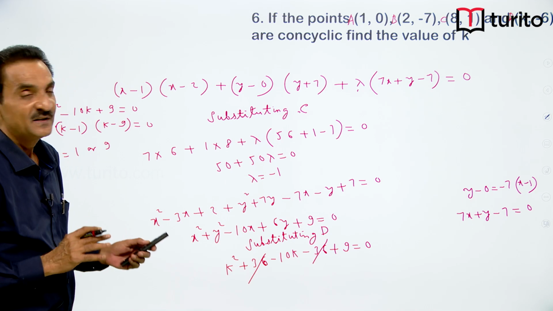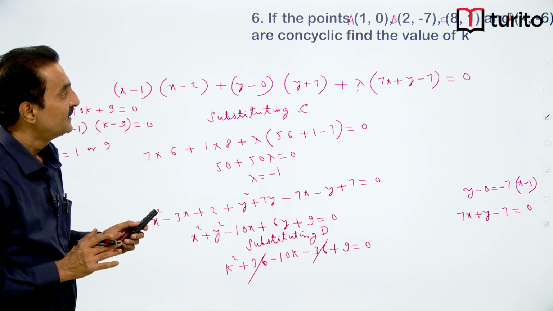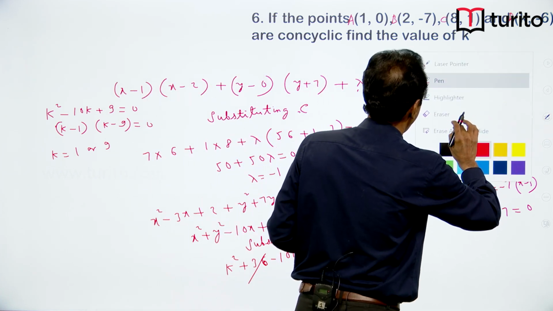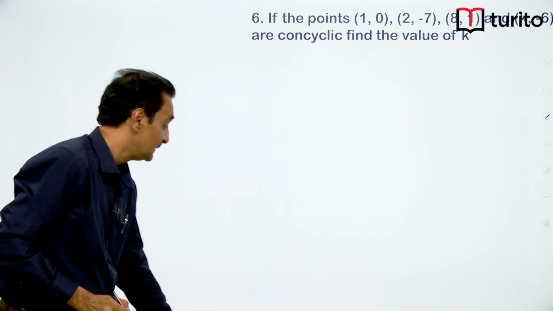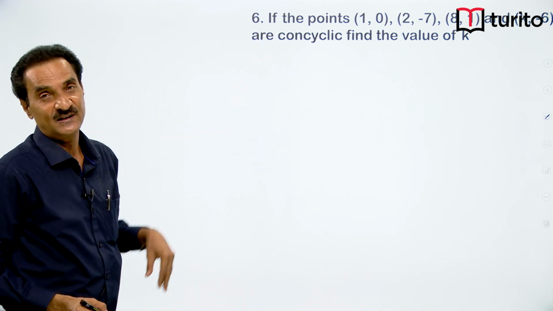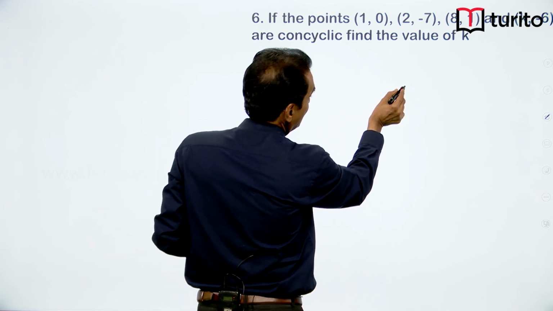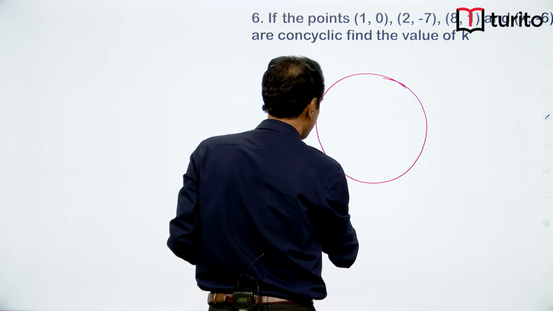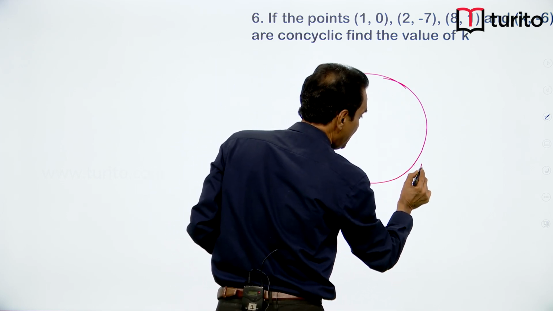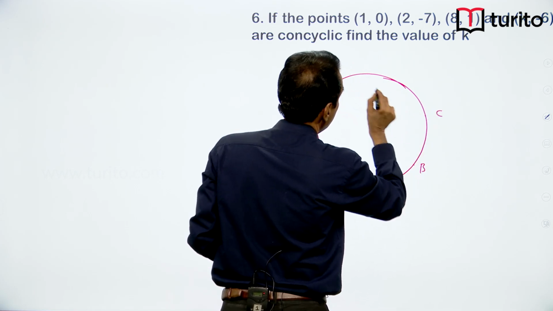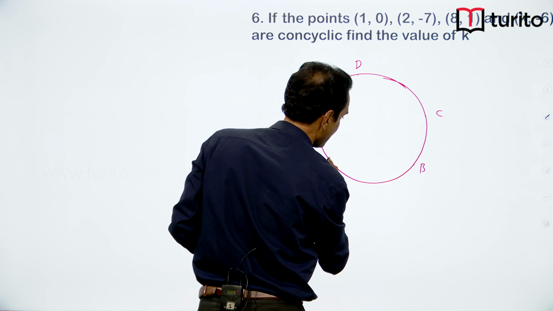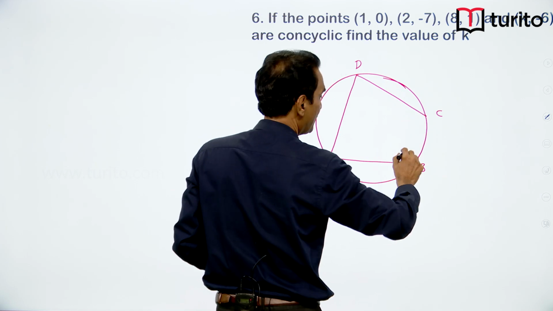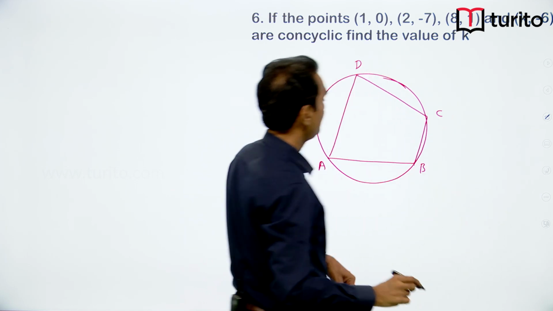Now, I am going to explain in a nice way. The points A, B, C, D are concyclic. So, let us take A, B, C, D. Okay.